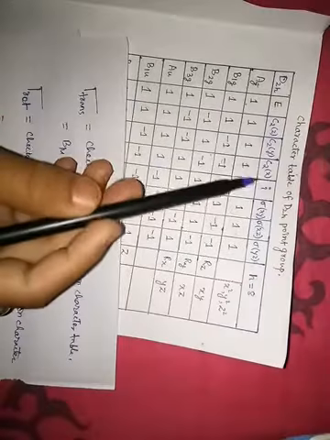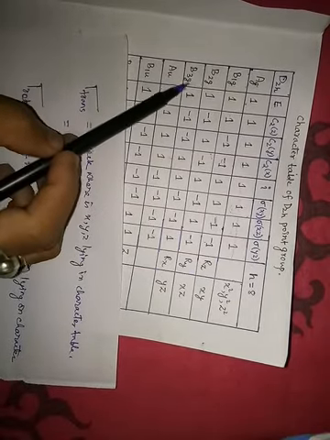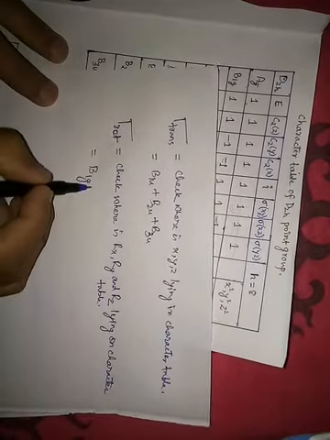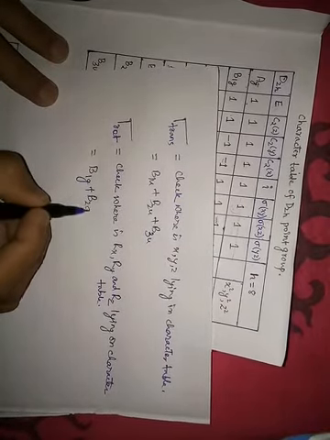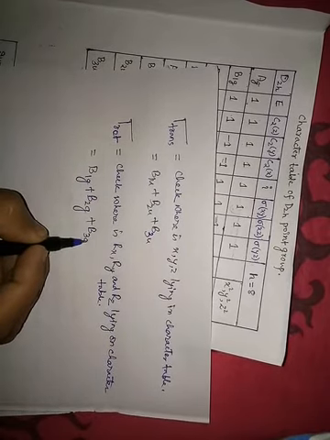So if you see the D2h point group, you will see that Rx, Ry, and Rz are at B1G, B2G, and B3G. So these are the ones that will have rotations. So B1G plus B2G plus B3G.